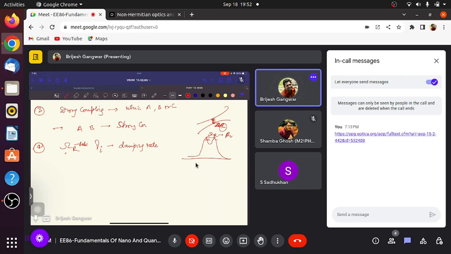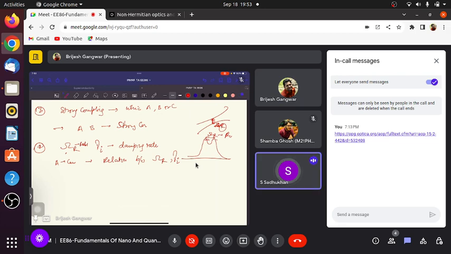So for curve A, what is the relation between omega r and gamma i? I think both of them are equal, like omega equal to omega r, or something like that.